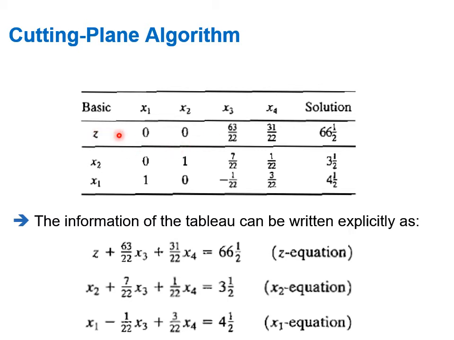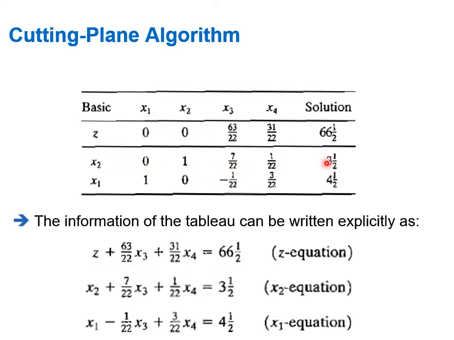Z plus 0 times x1 plus 0 times x2 plus 63 divided by 22 times x3 plus 31 divided by 22 times x4 is equal to 66.5. So when we ignore these zeros here, we obtain this equation.